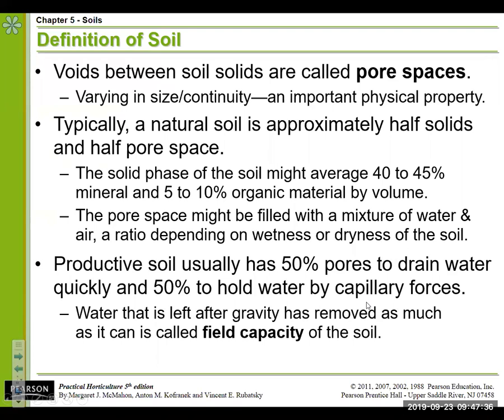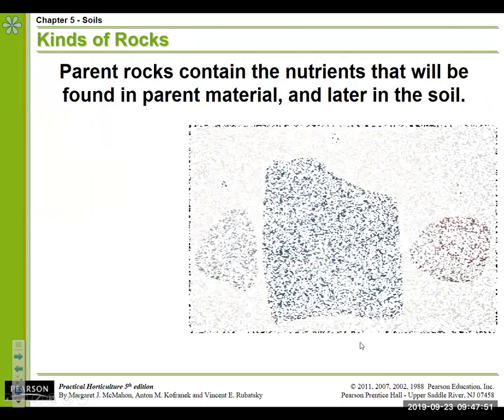So the water that is left after gravity has drained all of that easily drainable water out, we call that the field capacity of the soil. And that's where we get to water that is actually available to plants.